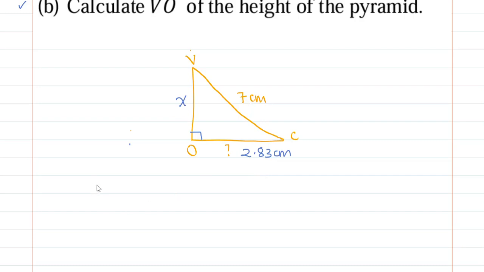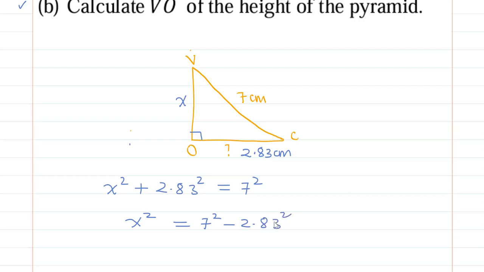So we shall have X squared plus 2.83 squared equals 7 squared. Then we make X the subject of the formula. Therefore, X squared becomes 7 squared minus 2.83 squared.